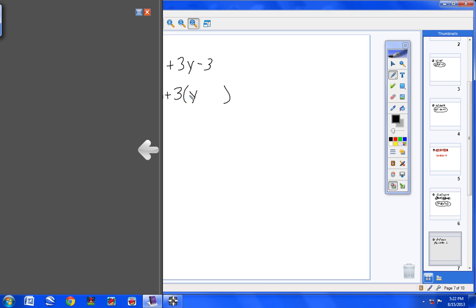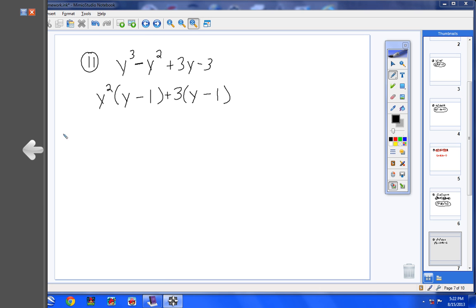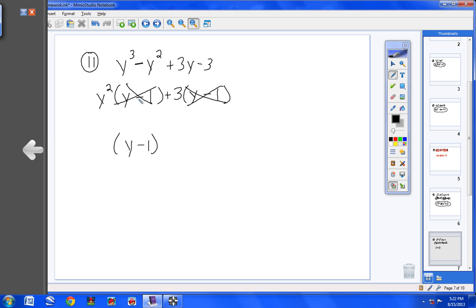Well, 3 times y is 3y. 3 times blank would give me negative 3. Well, 3 times negative 1 is negative 3. Now, our two parentheses match, and they should. So we're going to write our matching parentheses one time, cross those off, and you're left over with y squared plus 3. Pretty easy, and it's called factoring by grouping.